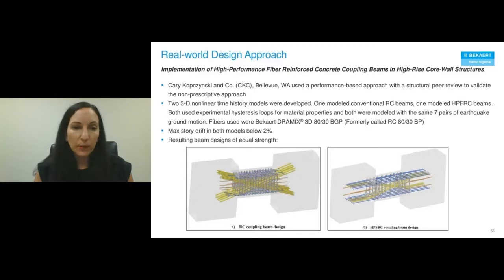They built 2 different 3D nonlinear models, one with conventionally reinforced link beams and one with the high performance fiber reinforced beams, and used experimental hysteresis loops based on that test data to model the behavior that would be expected. The max story drift was below 2%. And you notice the detailing on the RC beams on the left and the high performance fiber reinforced beams on the right.